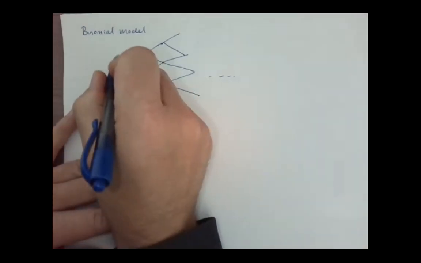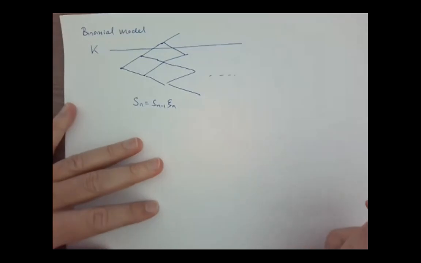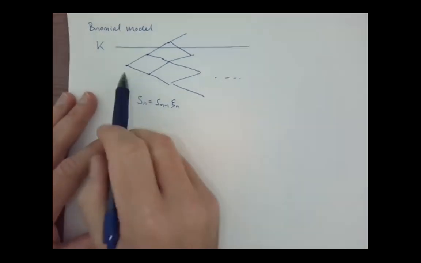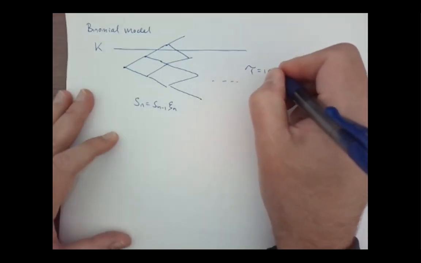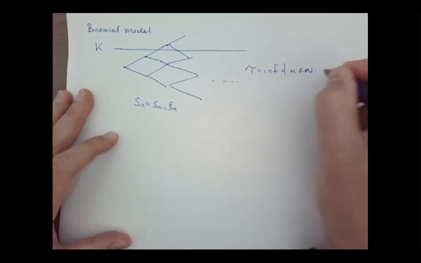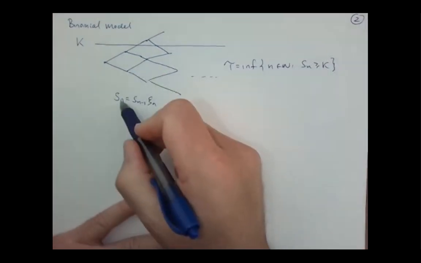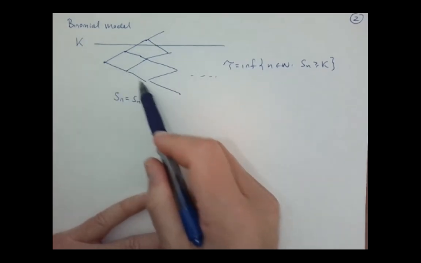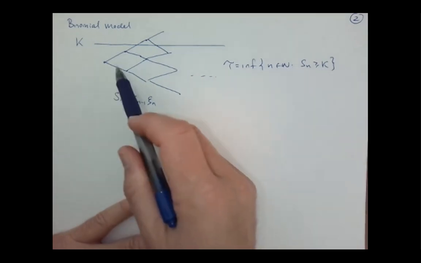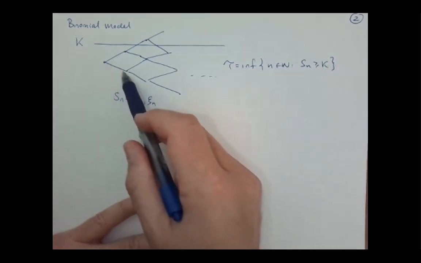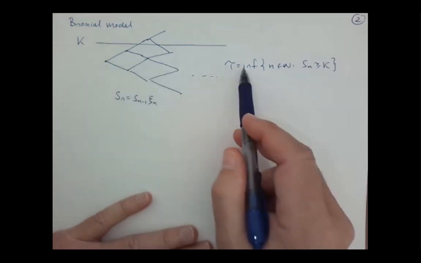If that's the case, then we could put in a k here. And so you can see there are lots of paths where, if you're looking at tau, this is then going to be the first time that the stock price is above k. There are lots of paths where the stock price never gets to be above k. So if you take tails, so you go down here, we're never going to get above k. And on those paths, tau is equal to plus infinity.